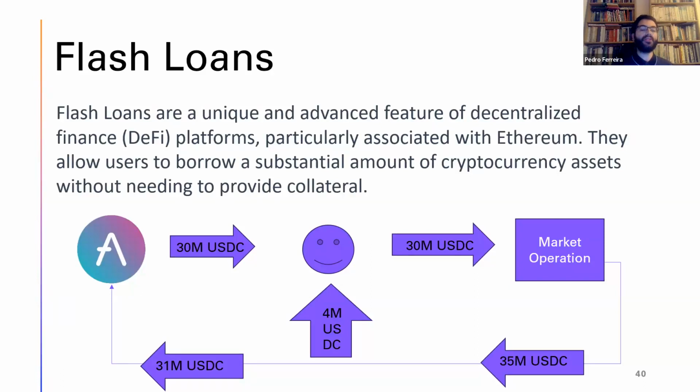And flash loans really contradict that opinion, because when you go to the bank and say, I want to borrow $30 million worth of euros or dollars, what would the bank say to you?